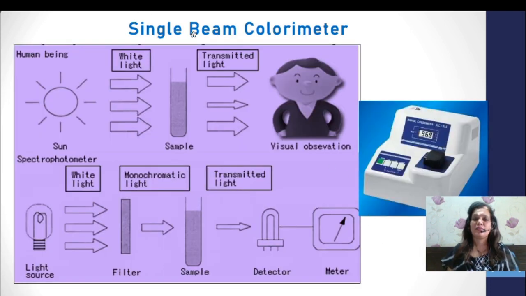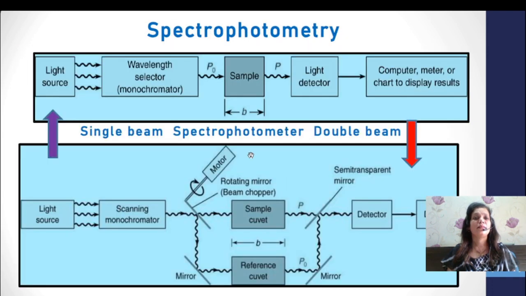Colorimeter is usually called a single beam colorimeter. In single beam we determine and obtain the reading. The instrument looks like this. Whereas a spectrophotometer is the instrument usually utilized to obtain the absorbance or transmittance of a solution in the UV as well as visible region, whereas a colorimeter is utilized in the visible range.